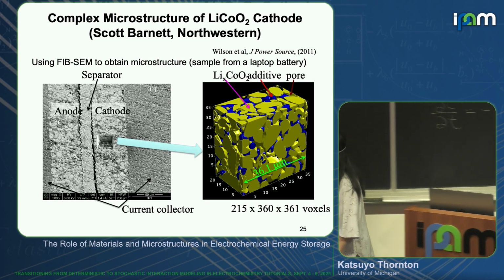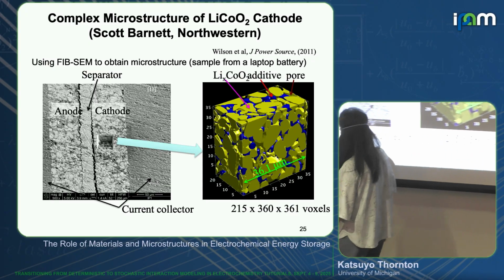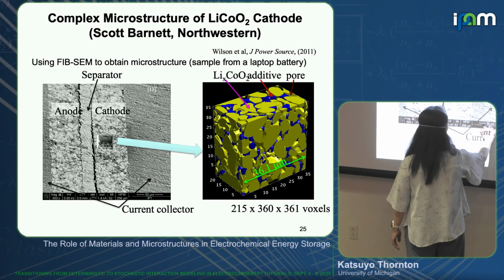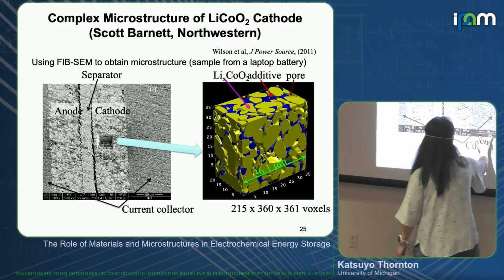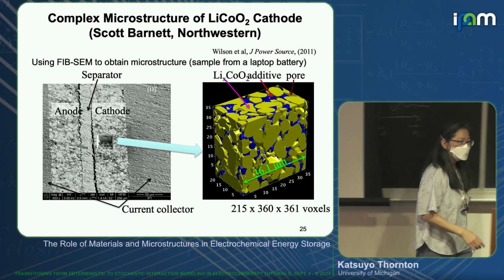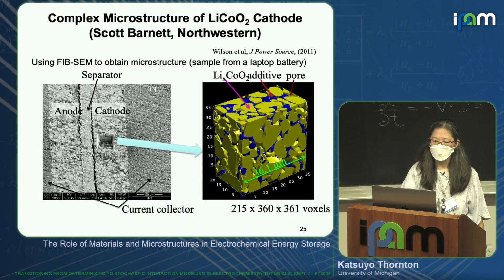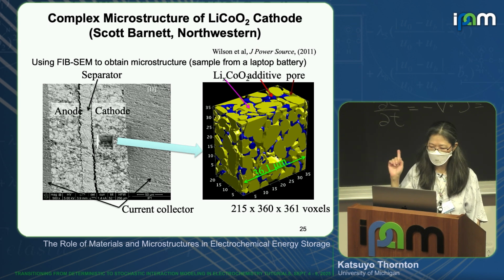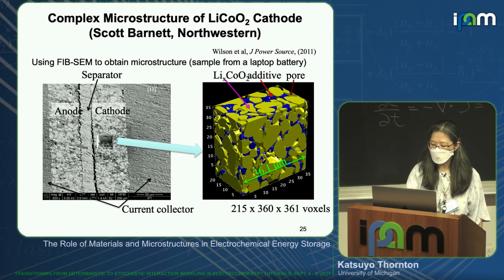This one has a scale of 50 microns. Okay, so maybe like 30 microns, something like that. And that's supposedly from a laptop battery. So you can construct this microstructure.